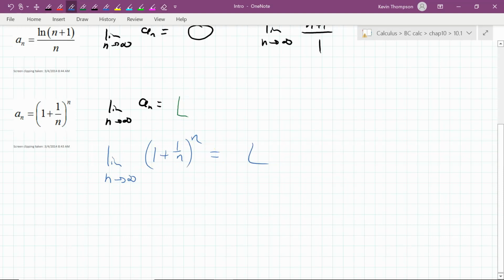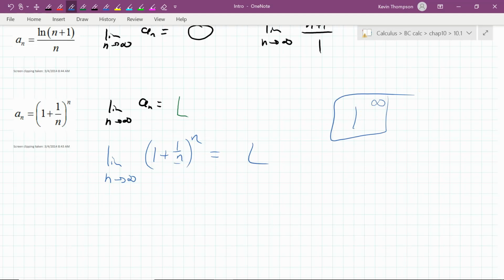Now, if we're looking at this, we might be tempted to say that this answer is the number 1. Sometimes people do because they look right here and they go, well, isn't that 0? So isn't that 1? This is actually a 1 to the infinity indeterminate form. Okay? And it's not going to be 1. There's a lot of ways we know that this is not the number 1.